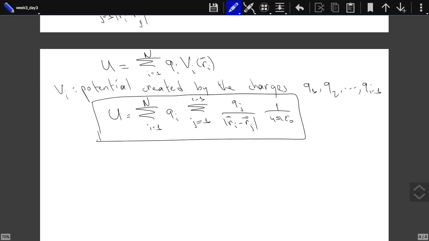I will do one more trick here. Let us just, for simplicity, assume we have only 3 charges. Not many of them, but just 3 of them. So we will have few terms.